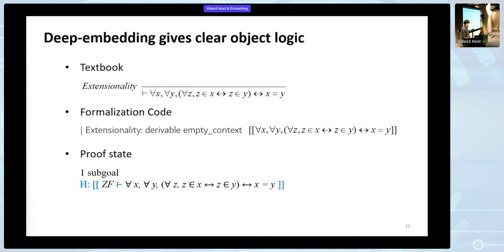students can deal with the propositions they are familiar with. Here is the example of the axiom of extensionality, and this is the formalization of this code in Coq. You may notice that these variables x, y, and z seem to come from nowhere, because they are not universally quantified in the code.